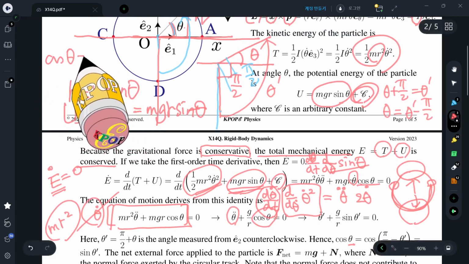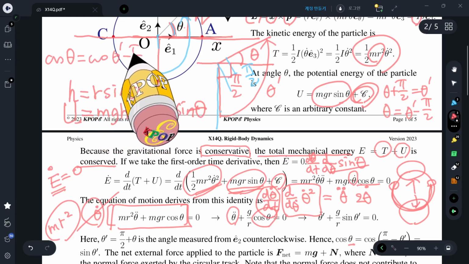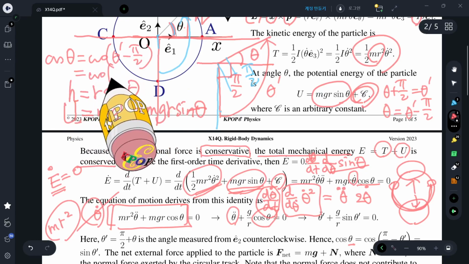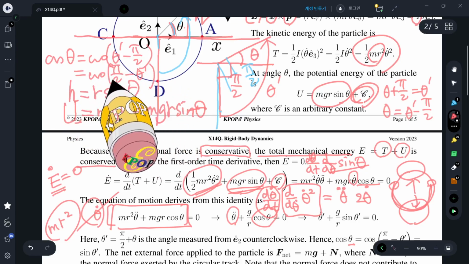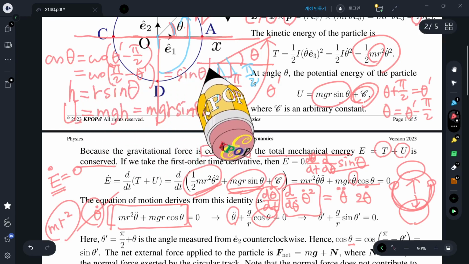Cosine theta, or cosine theta prime minus 1/2 pi. We know cosine is an even function. I can replace it with 1/2 pi minus theta prime, and there is an identity. This is sine theta prime.